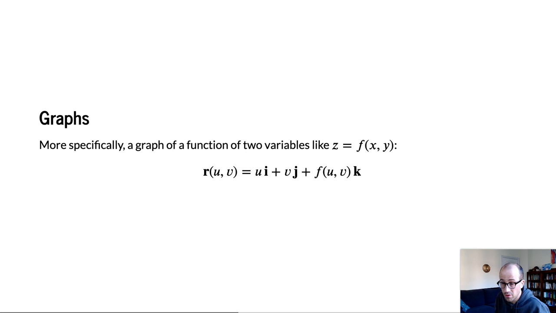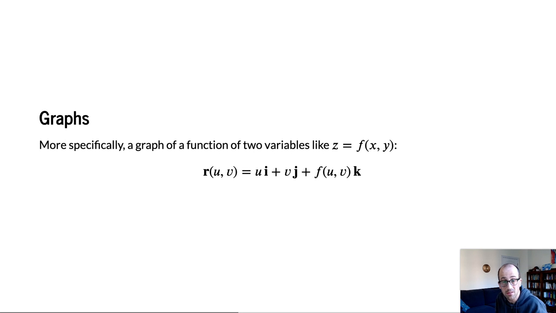Let's start with graphs. So again, a graph of a function is the set of points in space of the form z equals f of x, y. So little f is a scalar function of two variables there. Its graph is a surface in three-dimensional space. And so if you want to parameterize that, you simply take your two parameters u and v, and you map those to x and y directly.